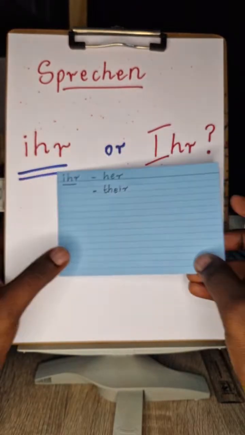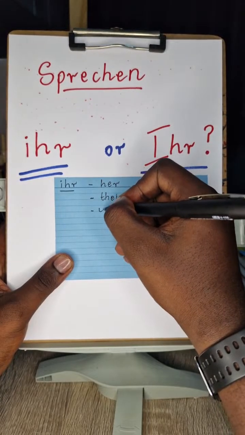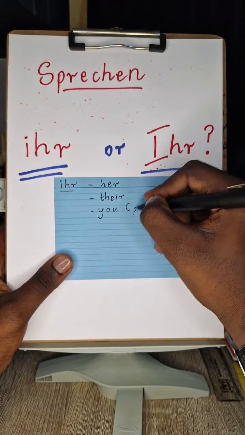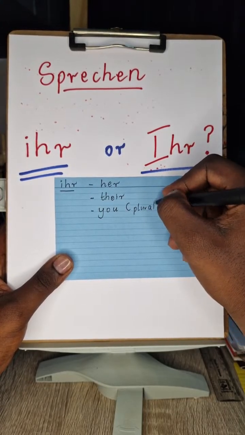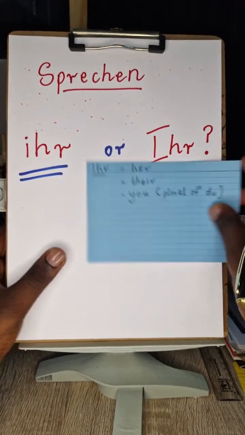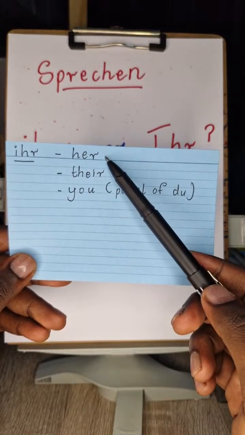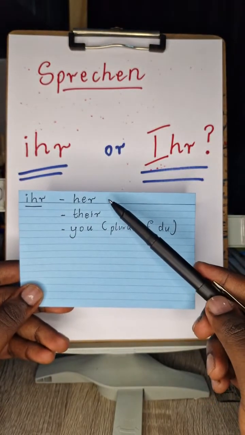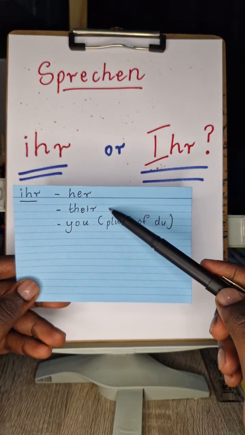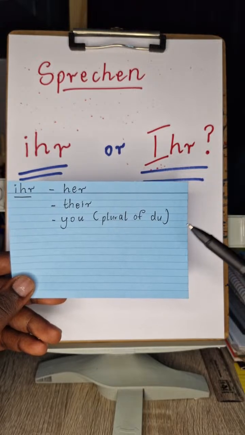All right. And then number three, the same "ihr", it also means you. That is the plural of "du". So you see this "ihr" means her, it also means their, and then it also means you, the plural of "du".